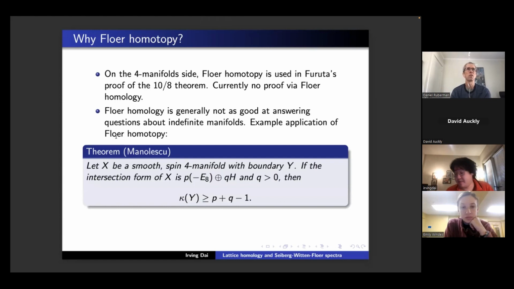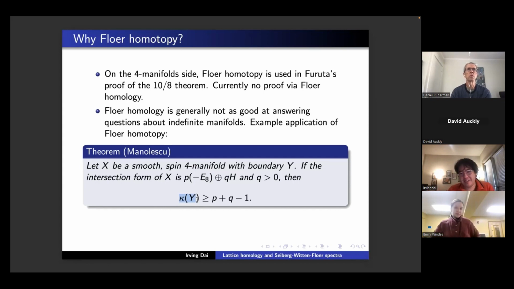So let me just give a sample theorem due to Manolescu. The exact statement of this theorem is not important. I just give it as an example. So here you can see in the statement of the theorem that if I have a homology sphere Y, then using the Seiberg-Witten-Floer homotopy type of Y, you can define a numerical invariant, which is called kappa of Y. And kappa of Y puts some constraint on the possible spin intersection forms that Y can bound.